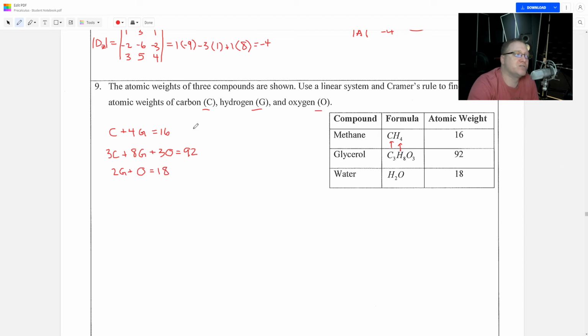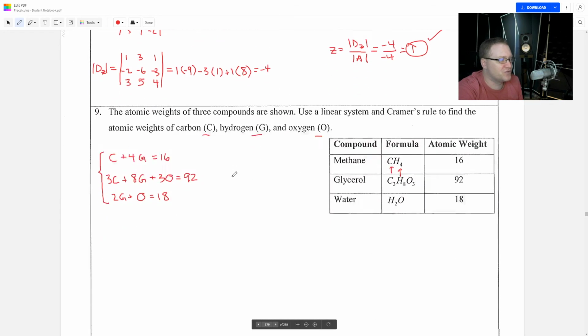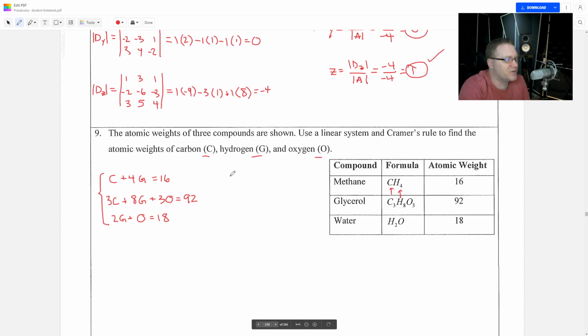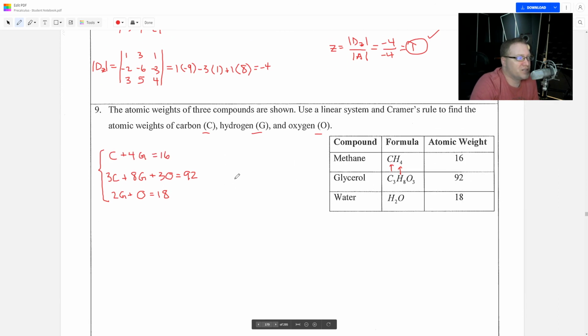So this is our system of equations that we need to solve, and we're going to use Cramer's rule to solve it. How are we going to do that? Well, we just need to make a coefficient matrix first. So A, our matrix, is going to have all the C's in the first column.